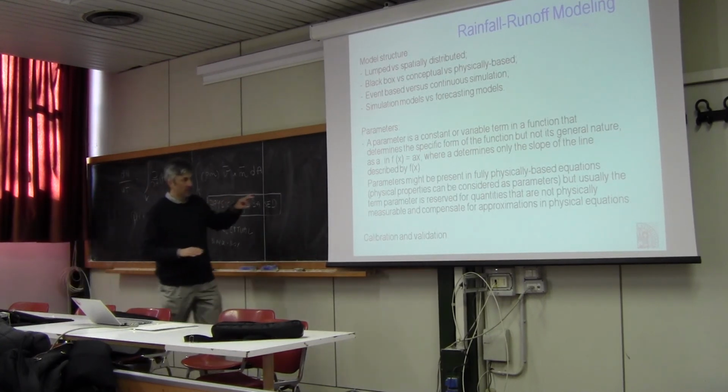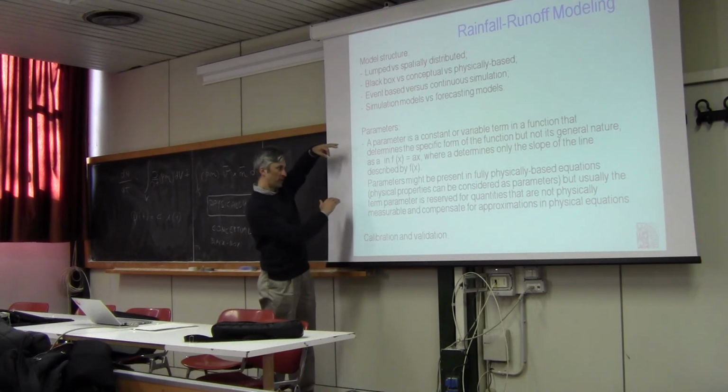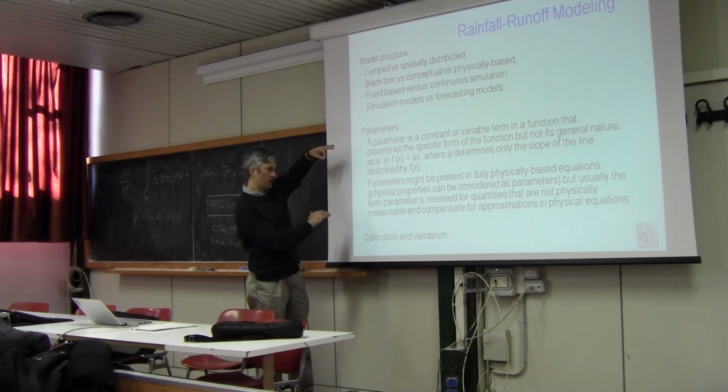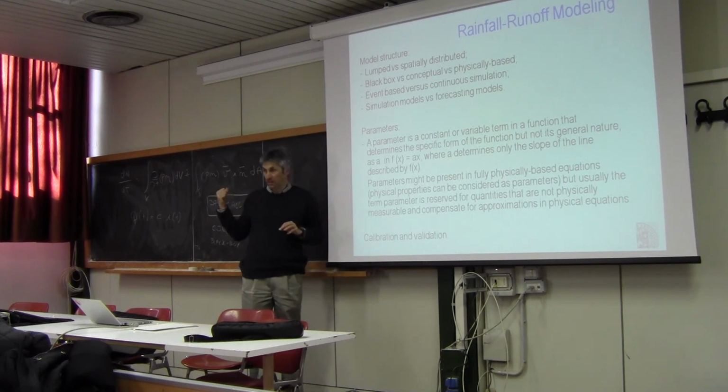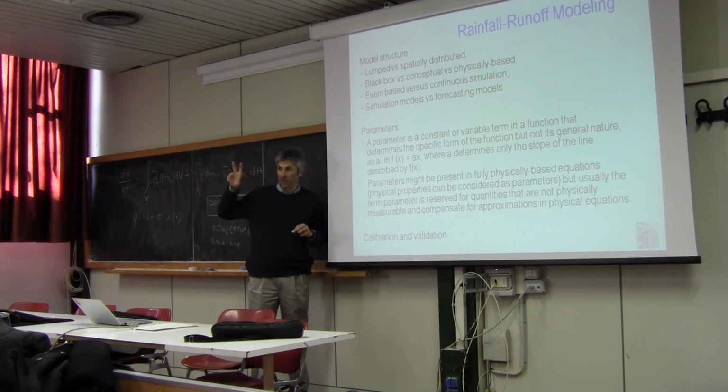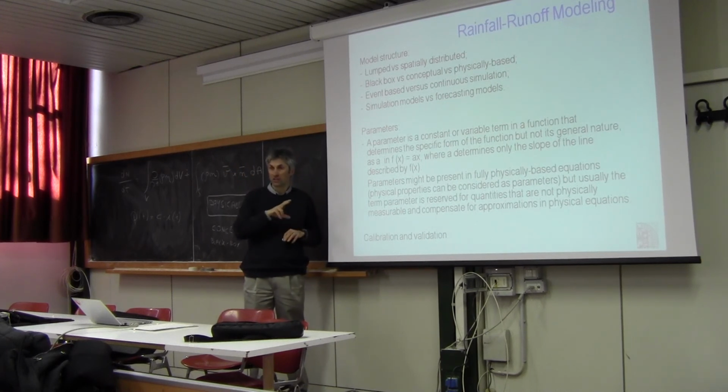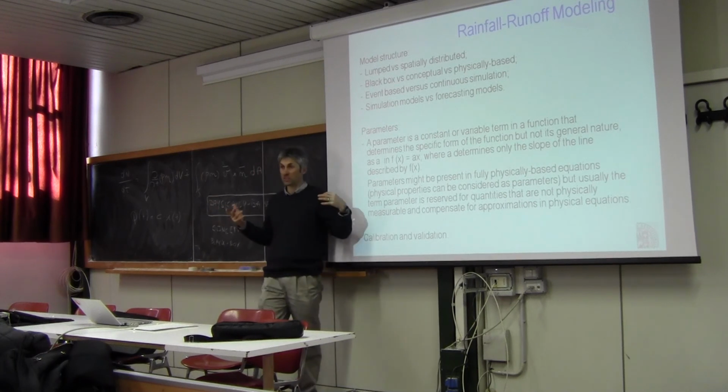Okay, so parameters are a very important component of a rainfall runoff model. An important concept: parameters need to be, we say in technical language, calibrated. Means that, as I said, you have to find the optimal values for parameters, the values that provide the best performances for the model.